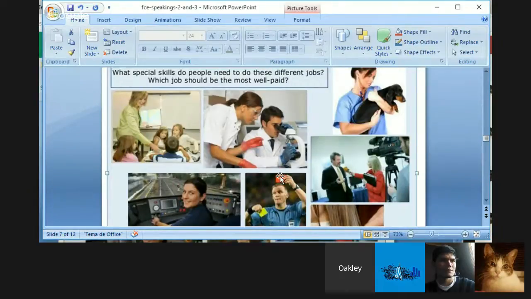And also, I have a funny answer. Let me share my funny answer. I believe that the profession that should be the most well paid is the hairdressers, because they make me feel right when I go to visit them.